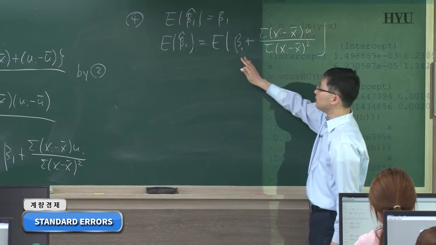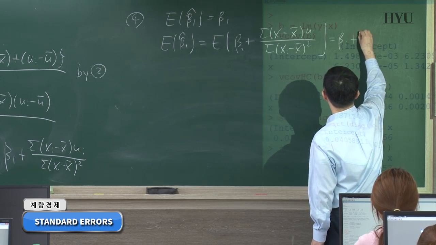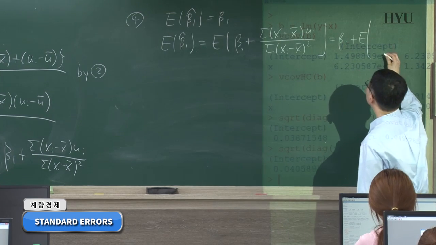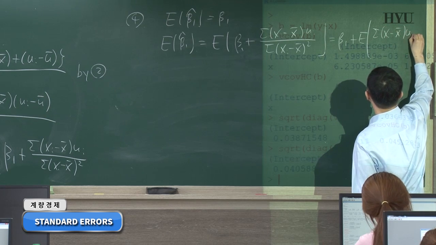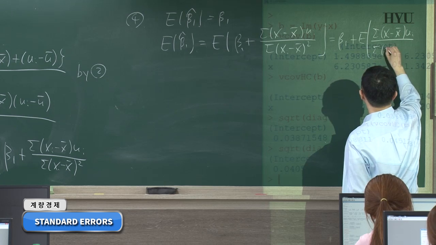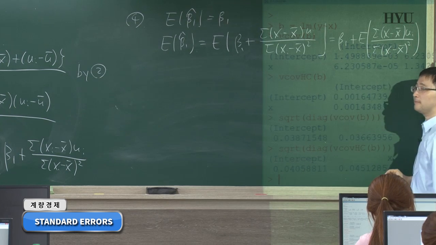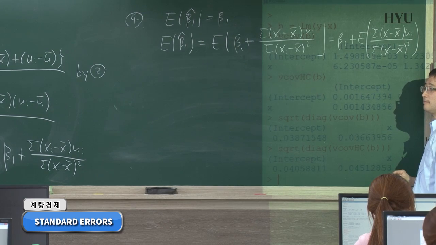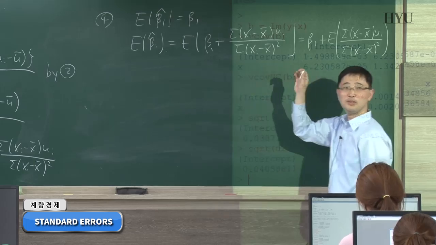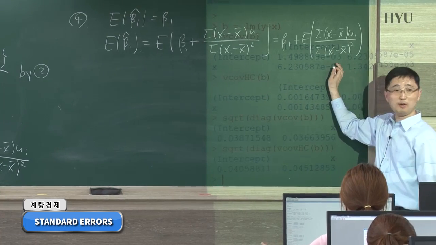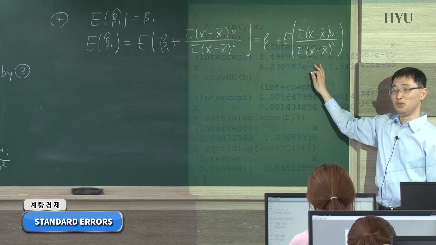And beta 1 is a constant. So you just put it out of expectation. To show this, we have to convince ourselves the second term must disappear. It has to be 0, right? The question is how.